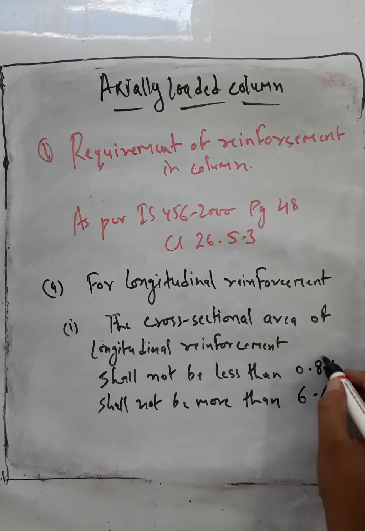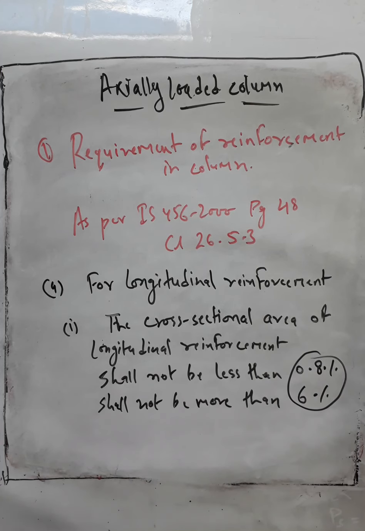You remember these two values. For longitudinal reinforcement in column, the cross sectional area shall not be less than 0.8% and shall not be greater than 6%.